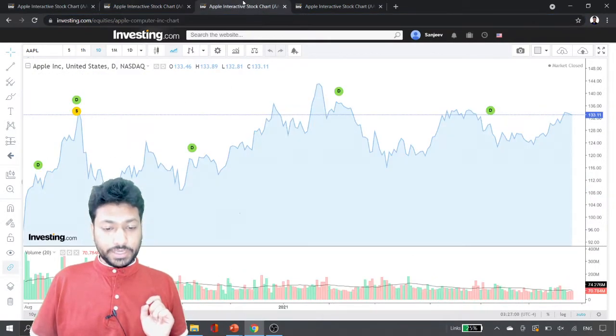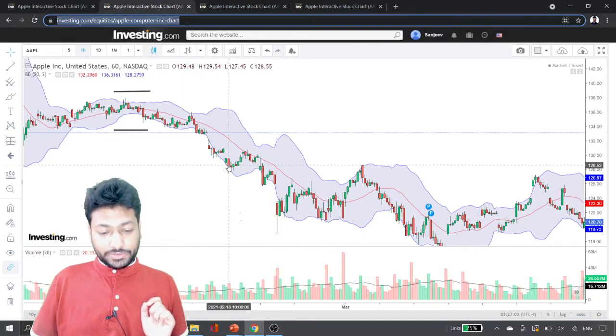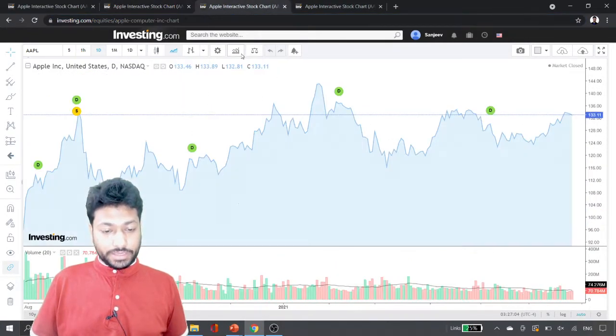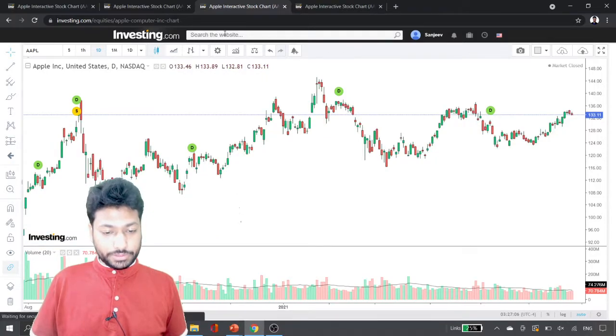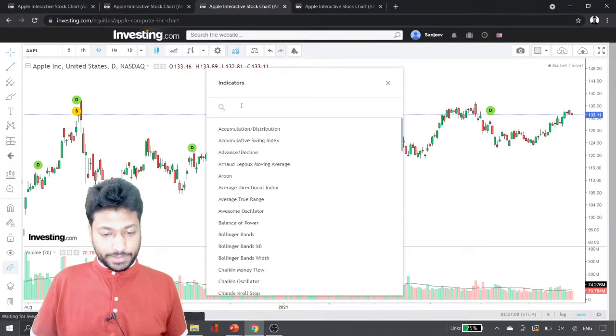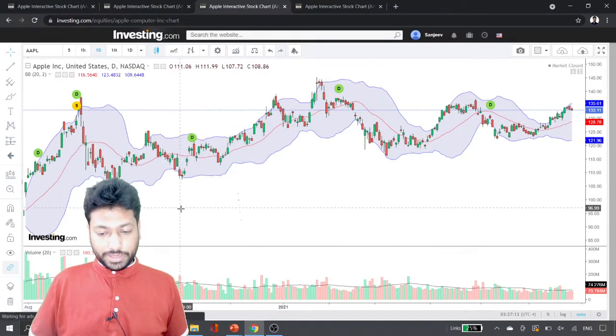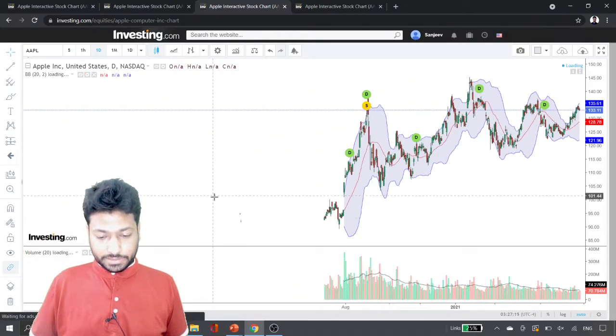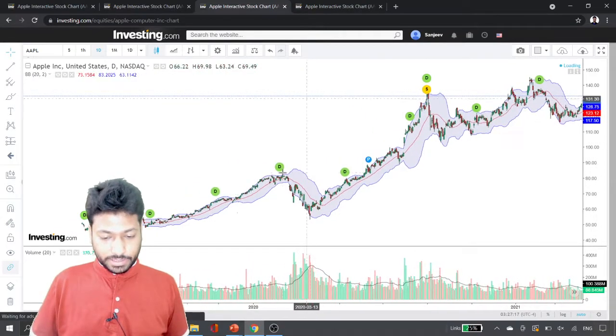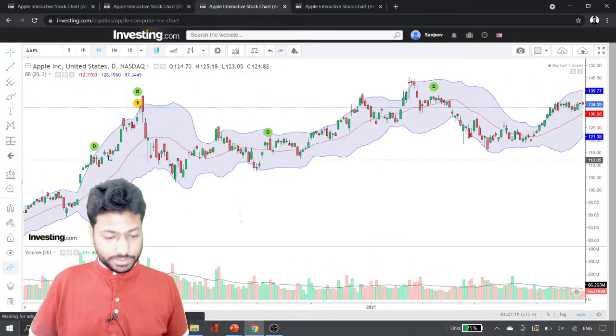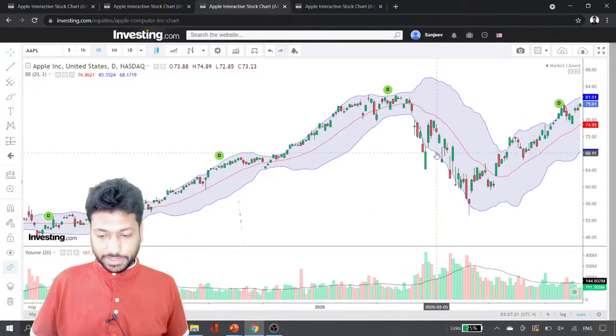And if you see this particular area, these are outside also. Let me choose the Bollinger Band here, and if I show you the Bollinger Band, you can see some of the candles. Let's identify the candles, and you can see this particular candle here.